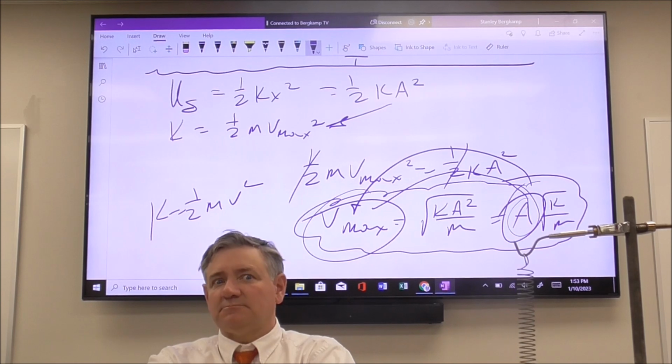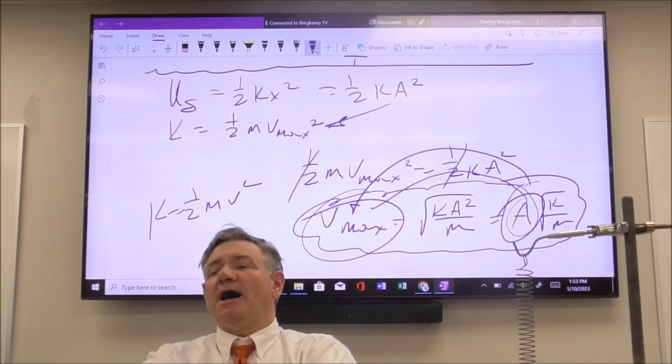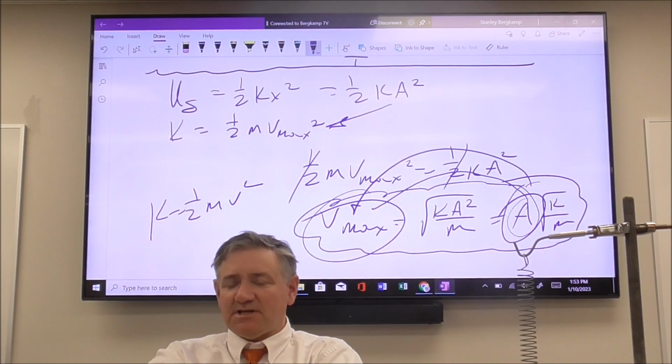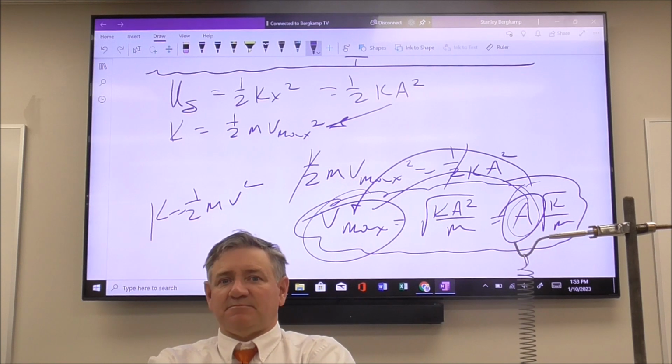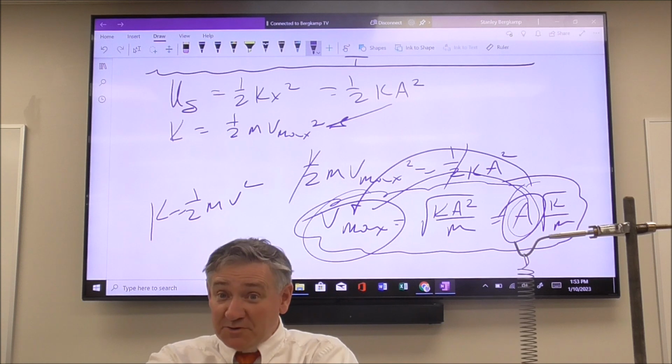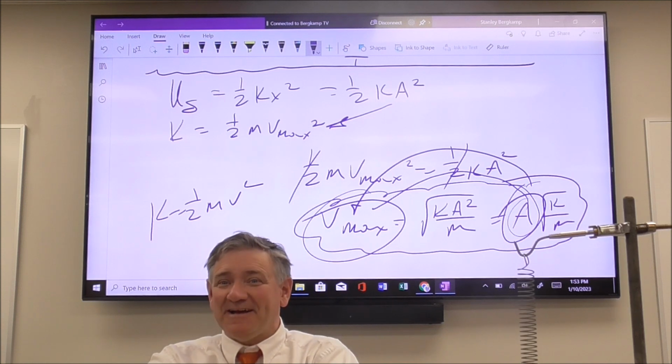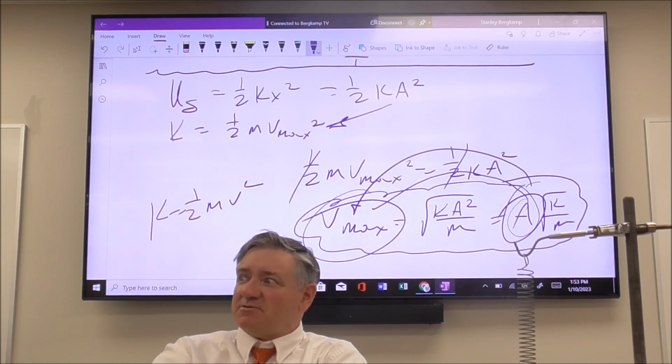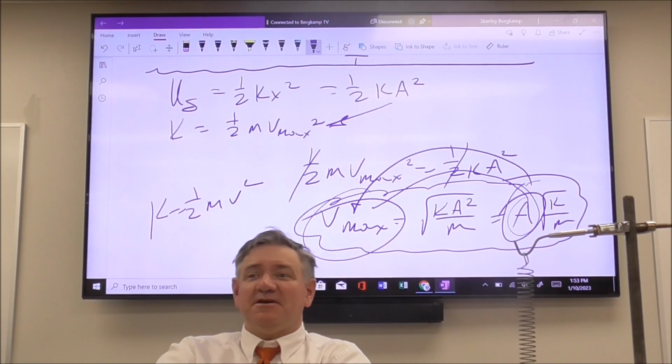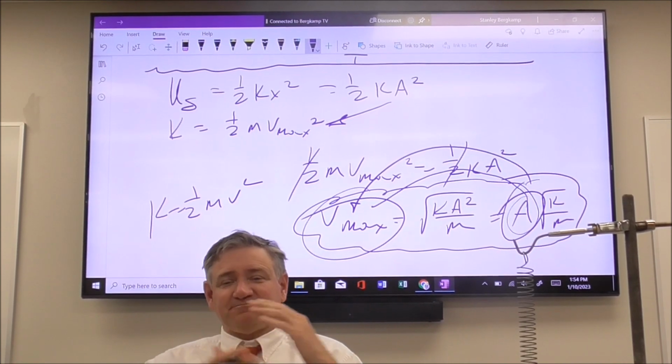Now, if I double my amplitude, what's that going to do to the potential energy in the system? It'll also quadruple it. Why? Because the amplitude is squared too, because it's 1/2 ka squared. So here's the point.